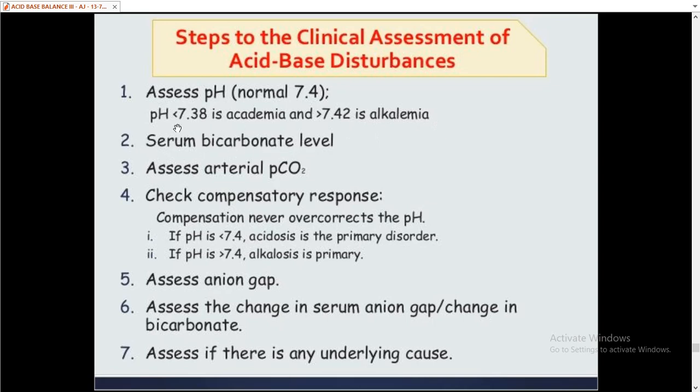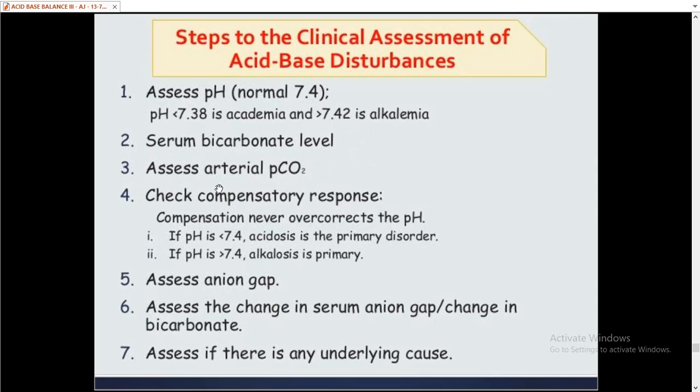If the bicarbonate level is disturbed, then the problem is metabolic. If the PCO2 is disturbed, then the problem is respiratory. And from the pH, we can label whether it's metabolic acidosis or metabolic alkalosis, or whether it's respiratory acidosis or respiratory alkalosis.